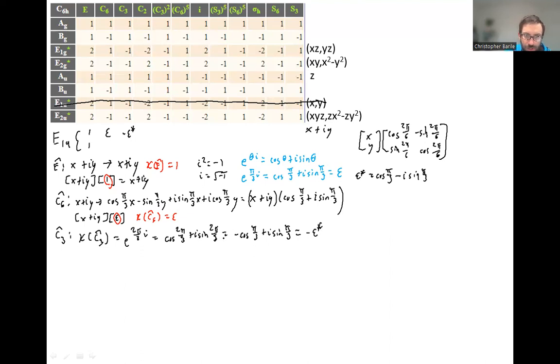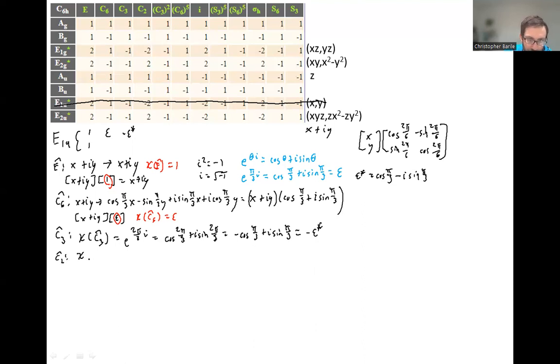And so, more generally, what we're getting here is that basically we have cosine of theta plus i sine of theta. So we can keep going.